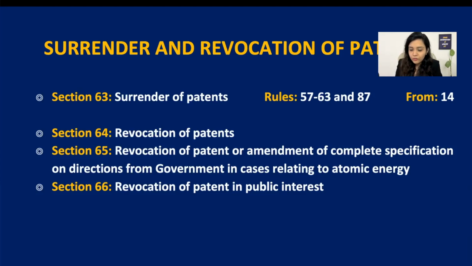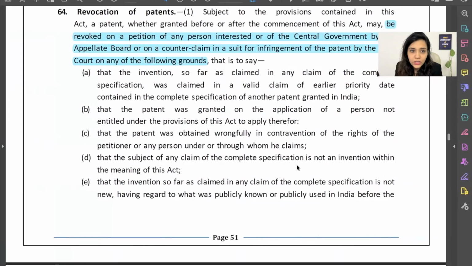Surrender of patent is nothing but a patentee wanting to surrender its patent. That is called surrender of patents. Because these sections are relatively easy to understand, I'll not go into detail, but I'll explain the basic concepts which are required for you to understand.